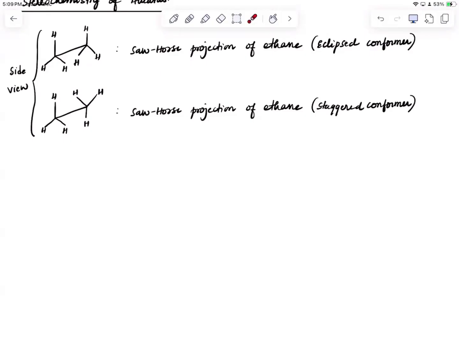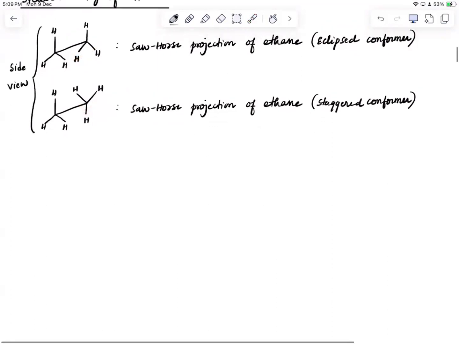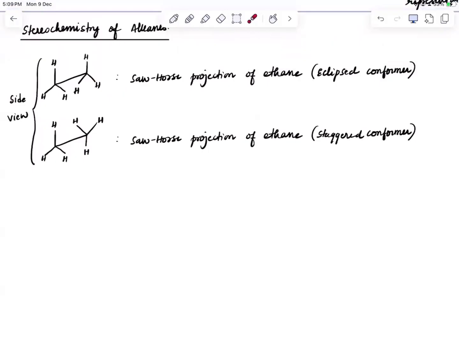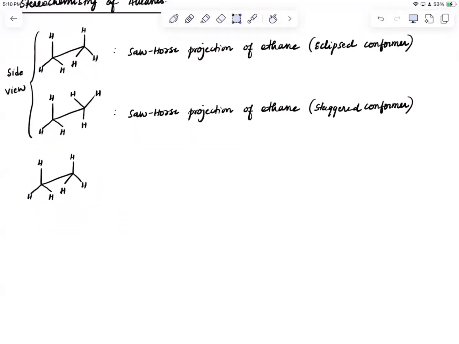So I would be able to see the molecule in this form or this form. But if I want to make it a top view, I can only make a top view when I have an eclipsed position. I cannot make a top view when it is in a staggered position. So that is one thing we need to understand. So this is an eclipsed position, correct?